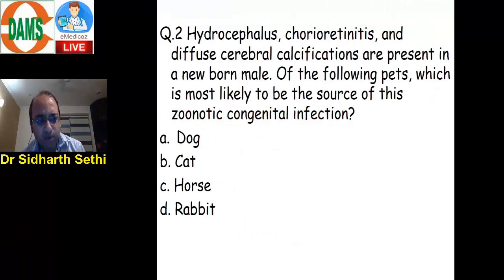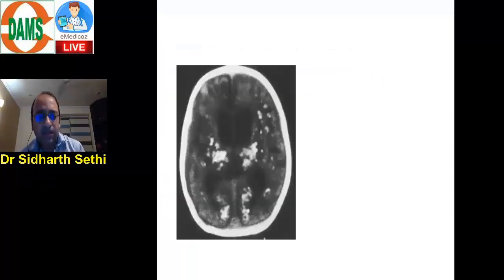Now, a very important question for your NEETPG is a child with calcifications in the brain. In fact, the most common TORCH infection causing intracranial calcifications is toxoplasmosis.